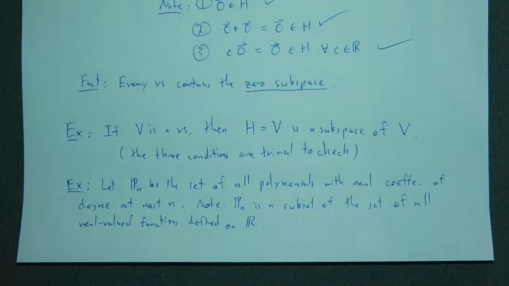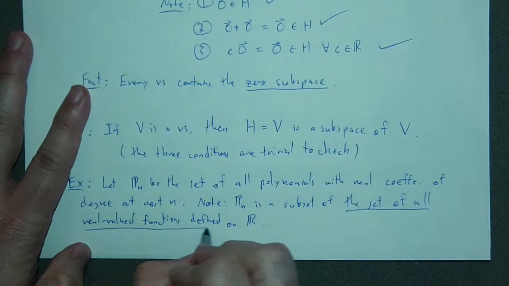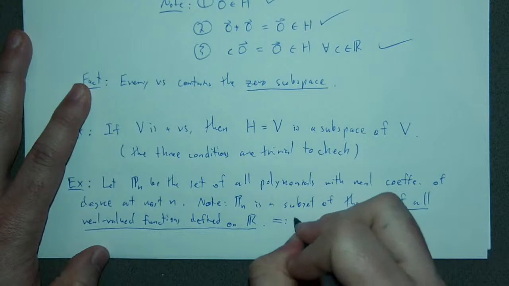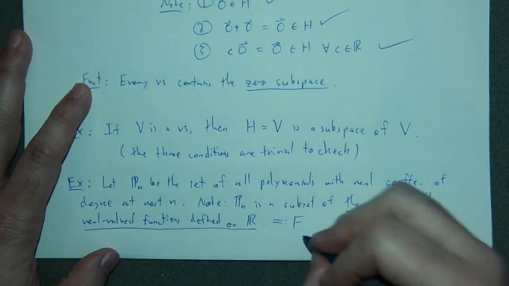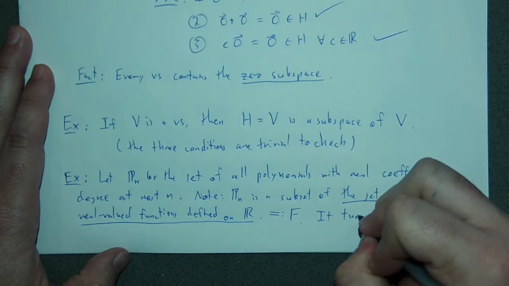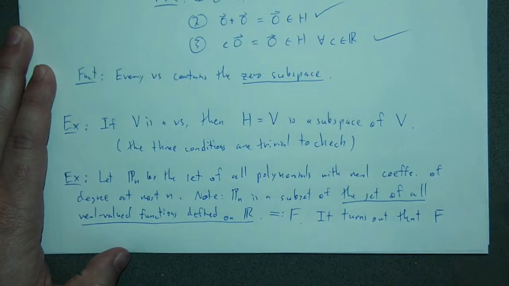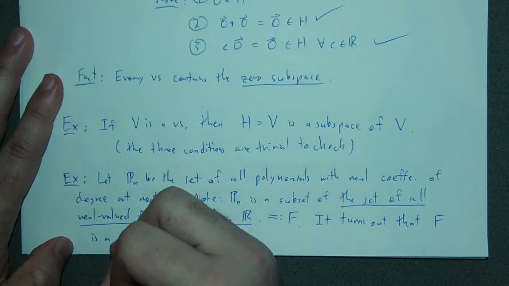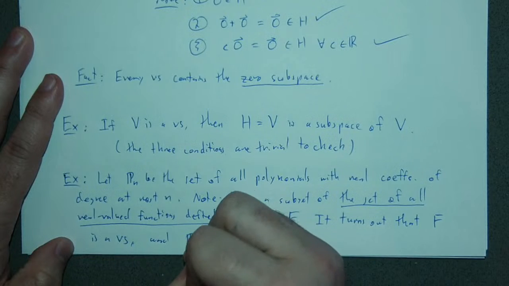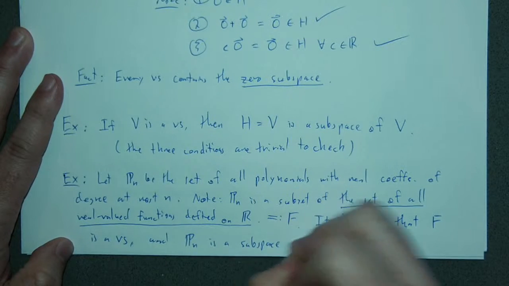Let's call this set of all real valued functions defined on the reals F. It turns out that F is a vector space, and P sub n is a subspace of F.